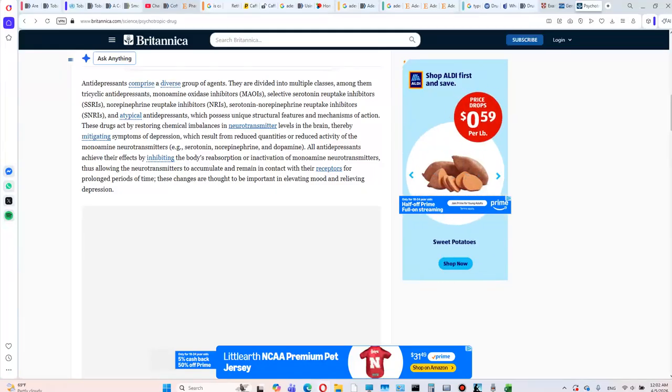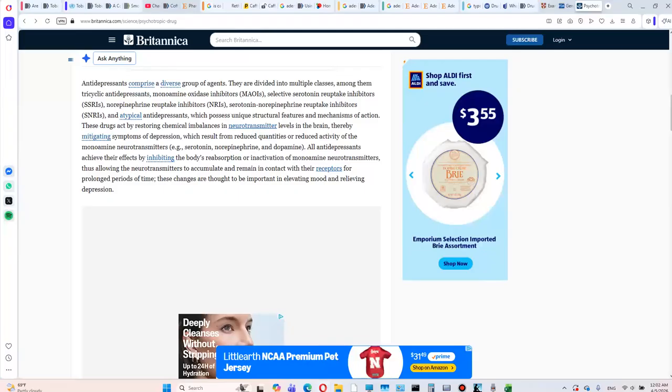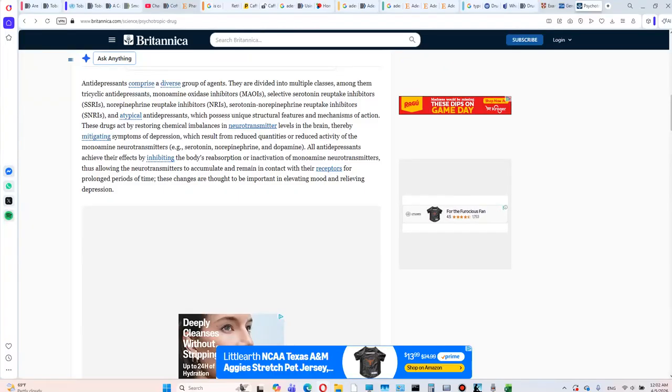These drugs act by restoring chemical imbalances in neurotransmitter levels in the brain, thereby mitigating symptoms of depression, which result from reduced quantities or reduced activity of the monoamine neurotransmitters. Example: serotonin, norepinephrine, and dopamine.